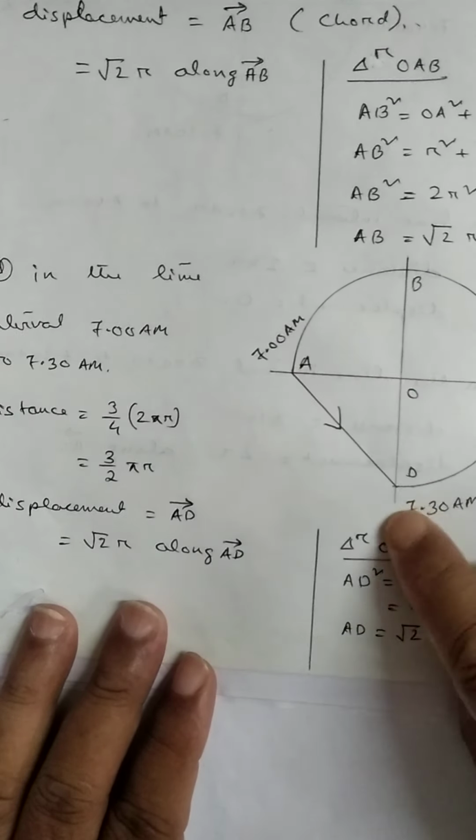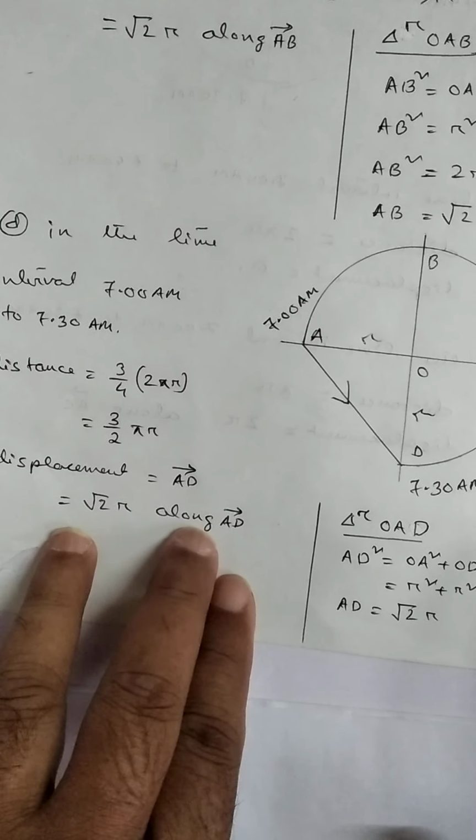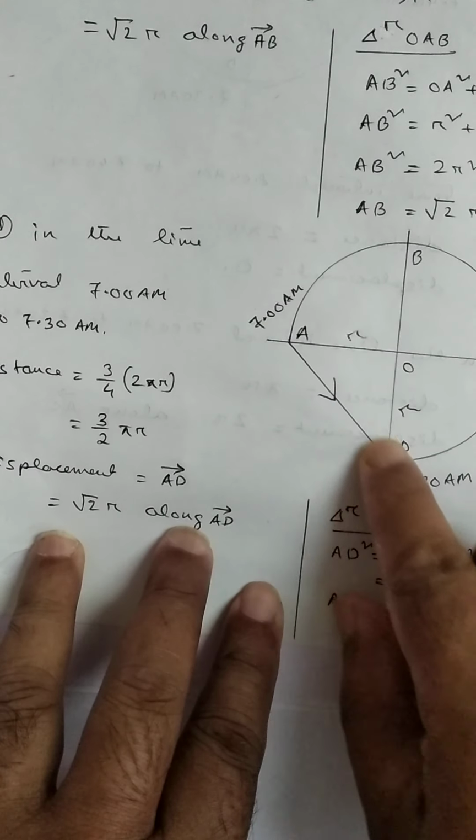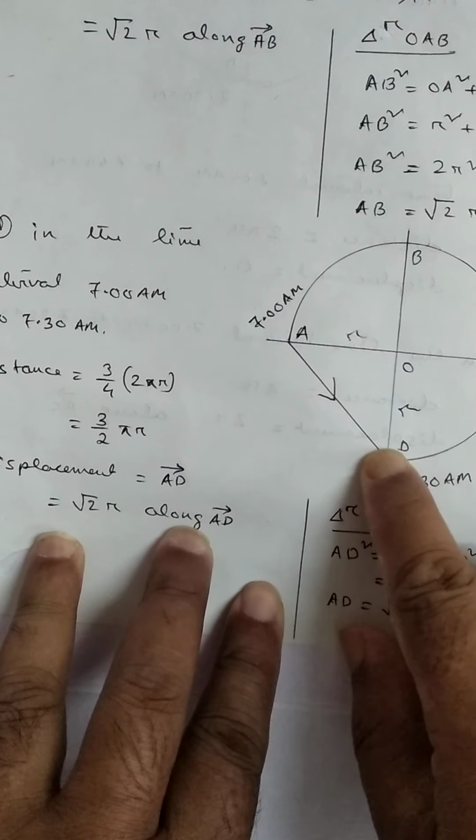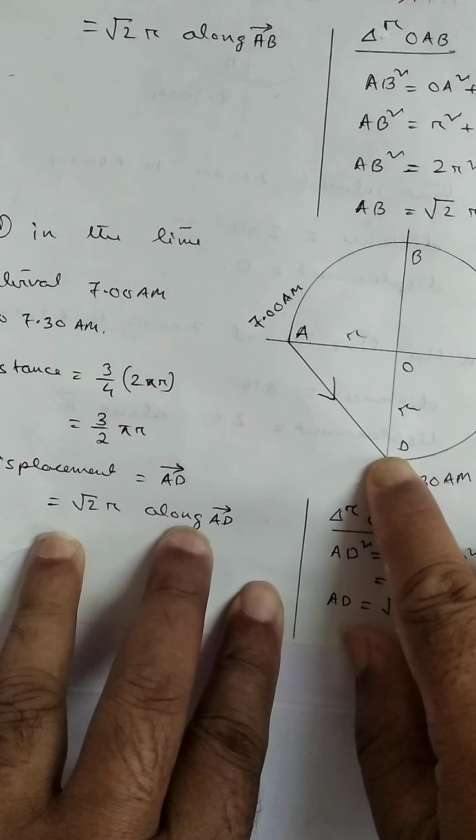OA is the radius of the circle, and OD is also the radius. So AD square is equal to R square plus R square. So AD is root 2 R. Displacement is equal to root 2 R. Direction is along AD.